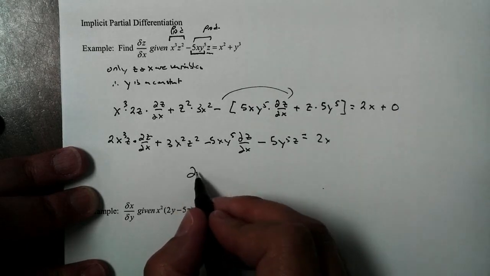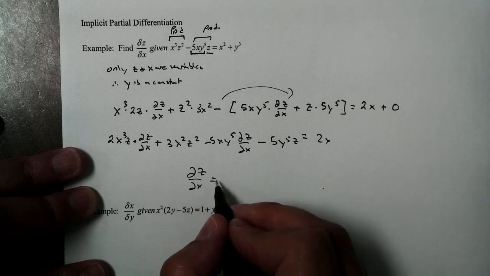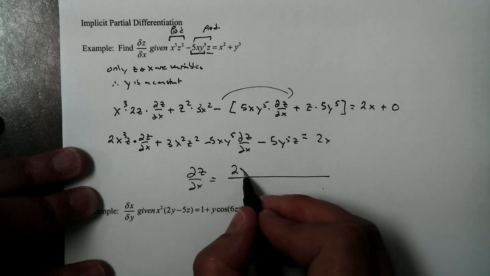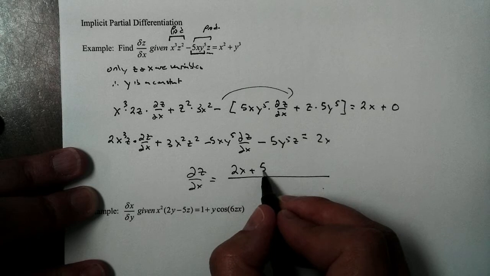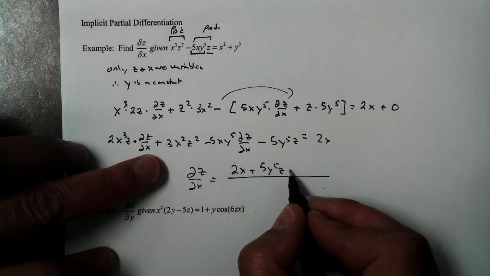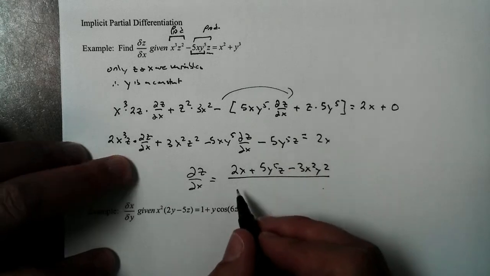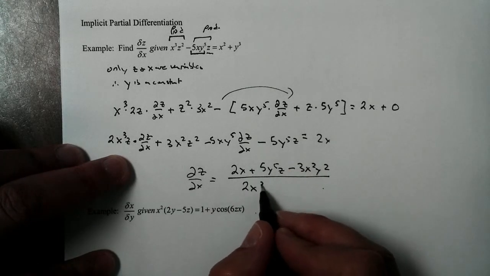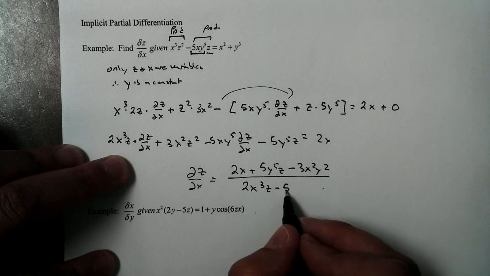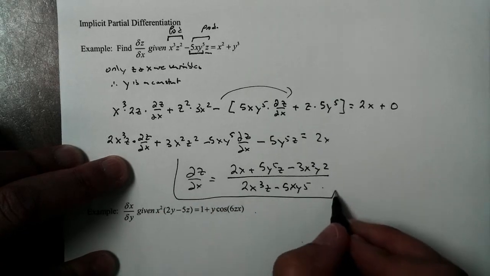And then I can solve. The partial of z with respect to x is the following: 2x plus 5y to the fifth z minus 3x squared y squared all over 2x cubed z minus 5x y to the fifth. And there is our partial derivative.